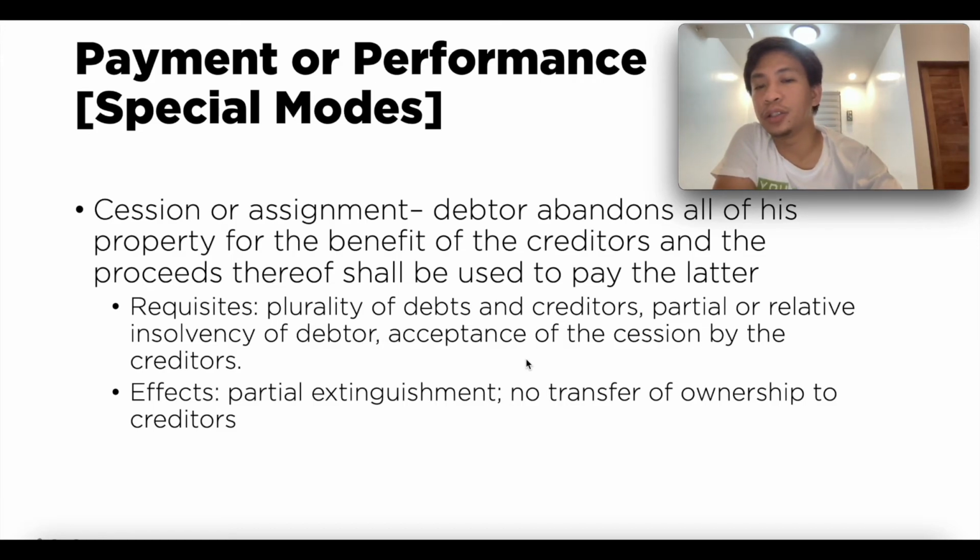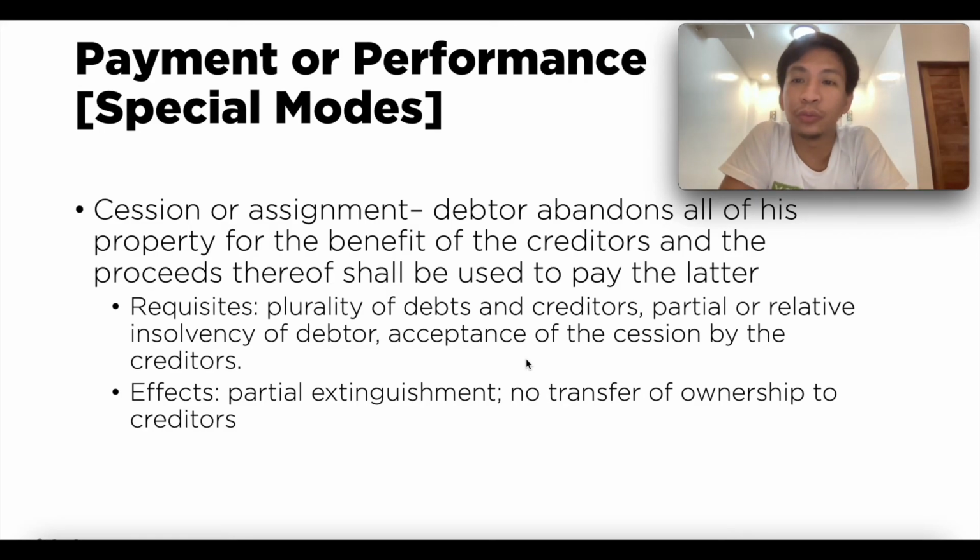Also, there's no transfer of ownership to the creditors. Kumbaga, di ba, ang sabi natin kanina, i-surrender nung umutang doon sa creditors. Pero, hindi yung mismong bagay na yun ang kabayaran. Ang kabayaran ay kung magkano yung makukuha nila pag binenta nila yung bagay na yun. Kumbaga, there's no transfer of ownership.